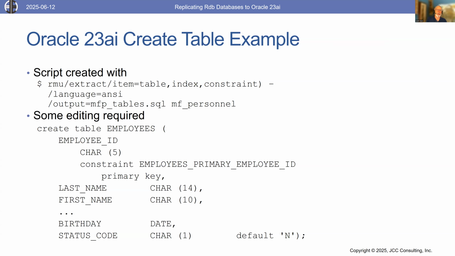And I'm going to specify the language ANSI, so this matches the SQL standard as closely as possible. We then have to do some editing of the script to change some data types to match what Oracle supports, and so on.